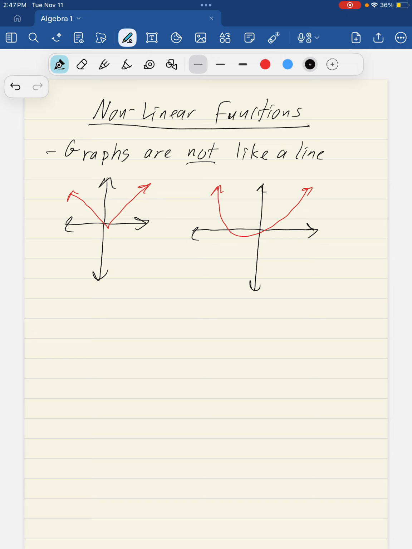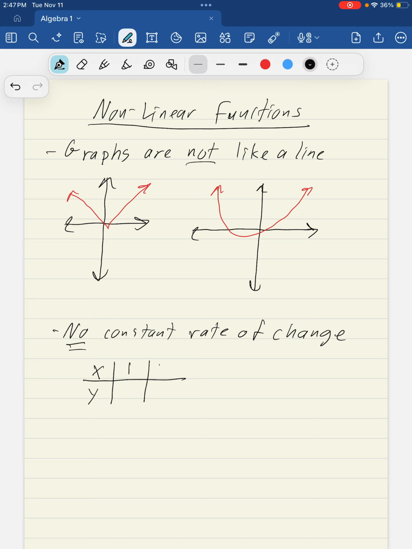Now, all nonlinear functions also have no constant rate of change. So we have our XY table. 1, 3, 5, 7. And we got 2, 9, 20, 35.